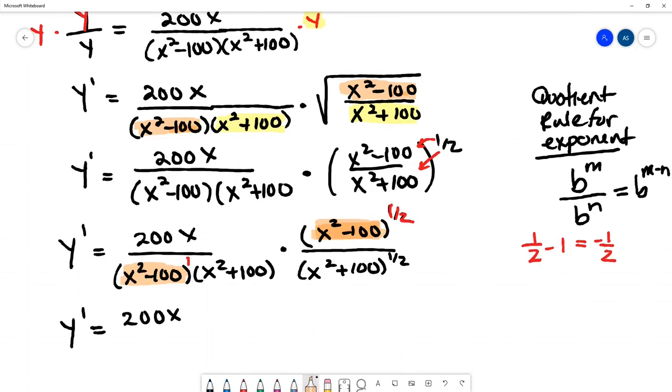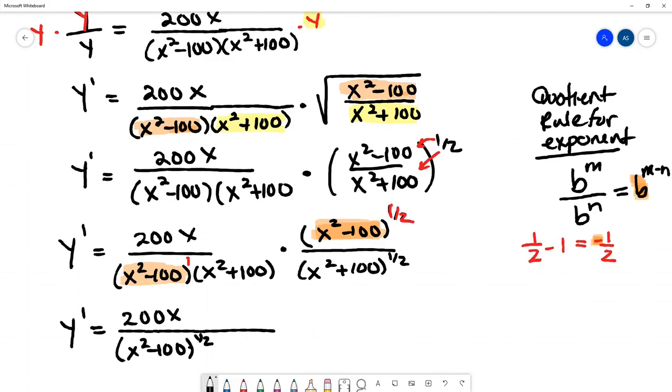When you do that, the new exponent is negative, and that base is in the numerator. So I'm going to get rid of that negative by moving that base to the denominator. So that will give me x squared minus 100 to the 1/2 power in the denominator.